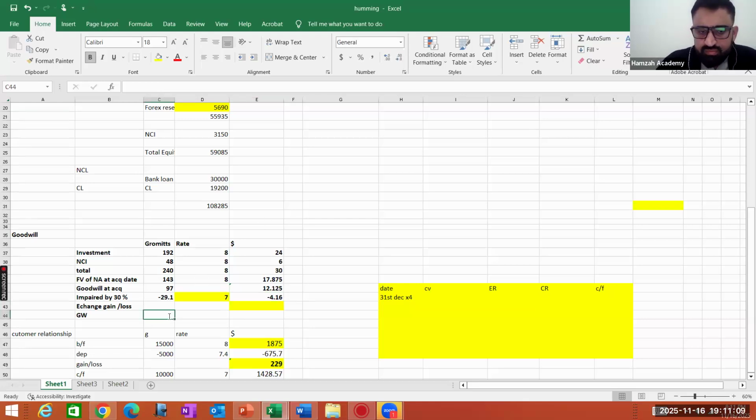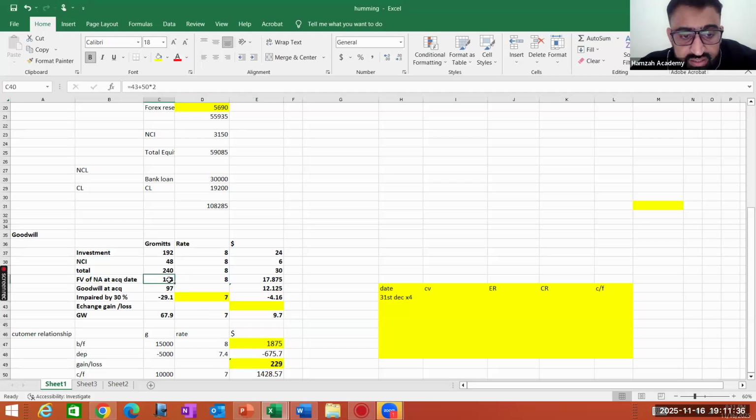So goodwill in terms of ringgit at the year end is 67.9. But according to IAS 21, goodwill should be translated using the closing exchange rate. So it will be translated at 7, which becomes 9.7.